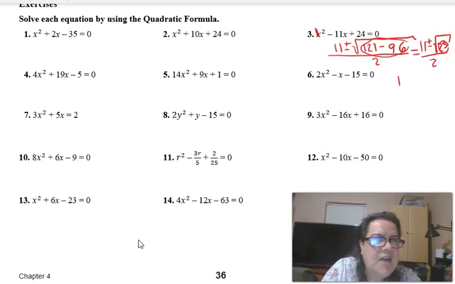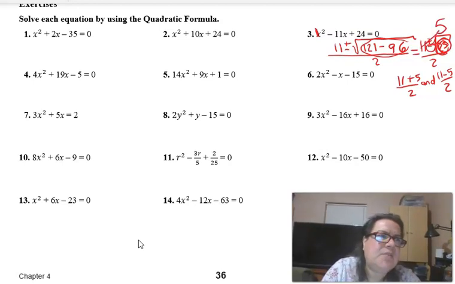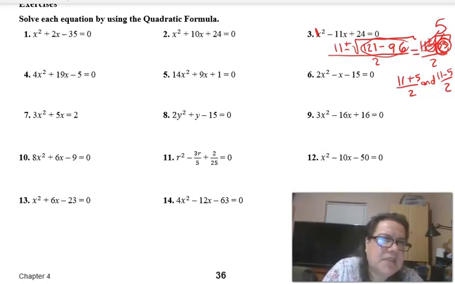So I actually have 11 plus 5 over 2, and 11 minus 5 over 2. Because in here is just the number 5, and I'm supposed to add or subtract it. So 11 plus 5, 11 minus 5. And there they are. 11 plus 5 is 16. 16 divided by 2 is 8.